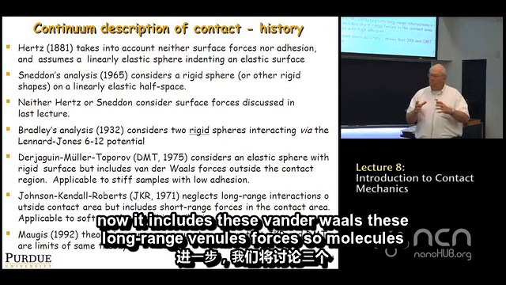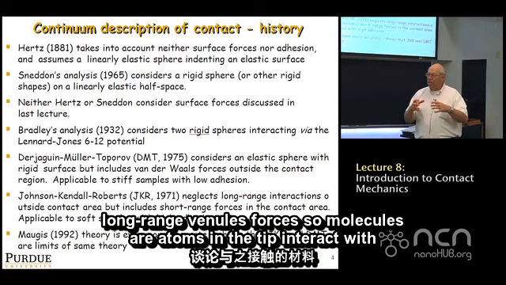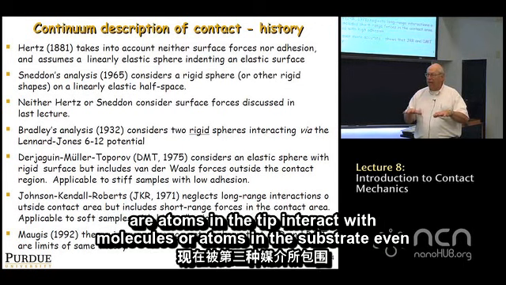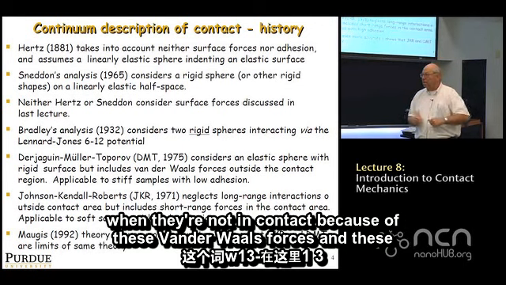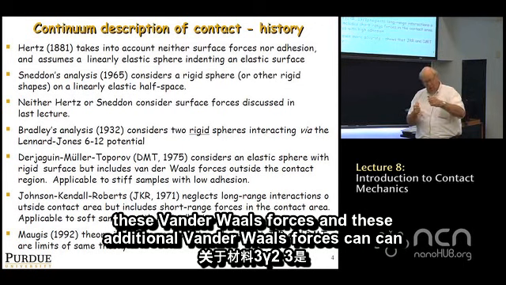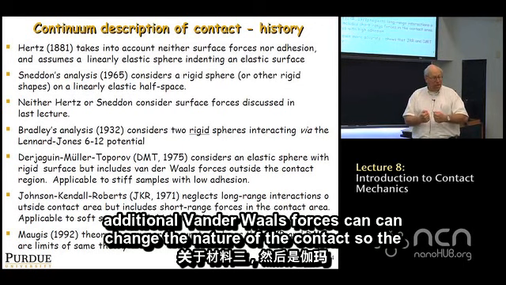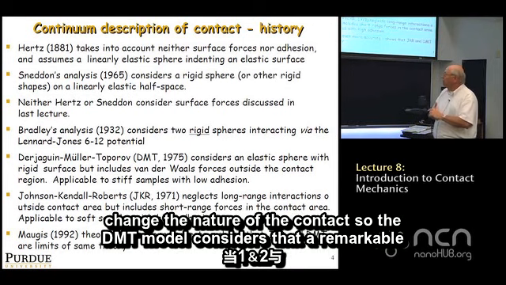So molecules or atoms in the tip interact with molecules or atoms in the substrate, even when they're not in contact because of these van der Waals forces. And these additional van der Waals forces can change the nature of the contact. So the DMT model considers that.